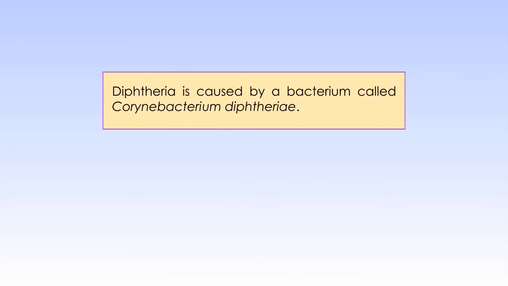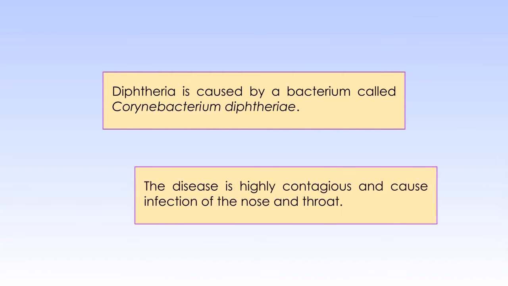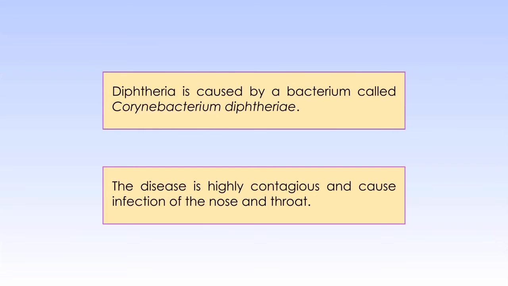Now we'll see human diseases that are caused by bacteria. The first one is diphtheria. Diphtheria is caused by a bacterium called Corynebacterium diphtheriae. The disease is highly contagious and causes infection of the nose and throat.